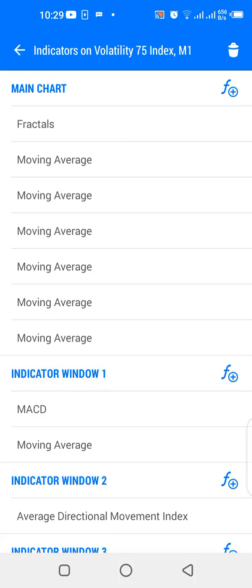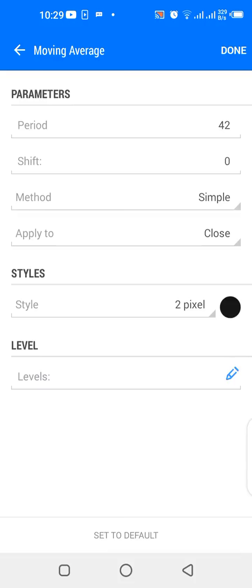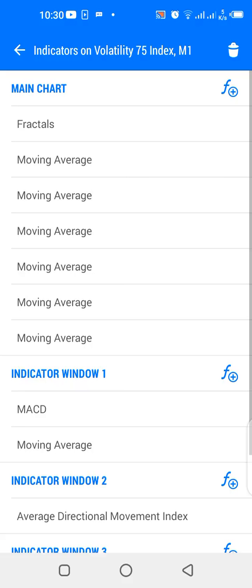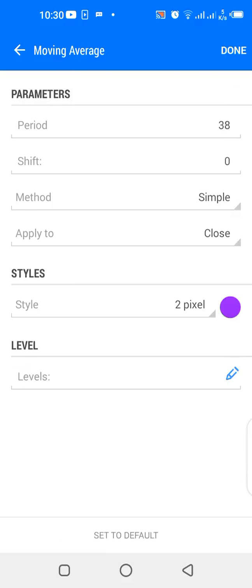Now, the second indicator on the main chart is moving average. The period is 40. The shift is 0. Method is simple. Apply to close. And the style color is black. The second moving average is 38 period.